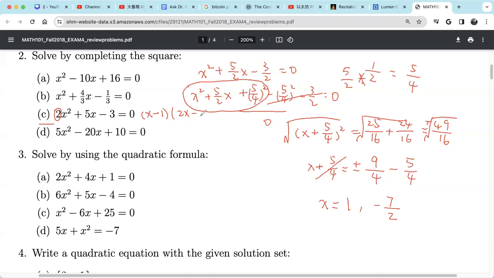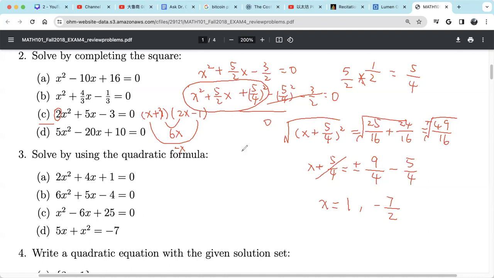So this should be factored as 2x minus 1 and x plus 3, right? Because this gives us a 6x, this gives us a negative x, that adds up to be positive 5x, right? Positive 5x.